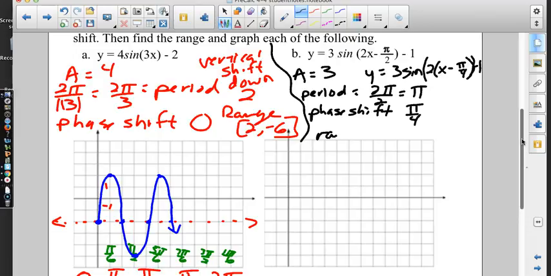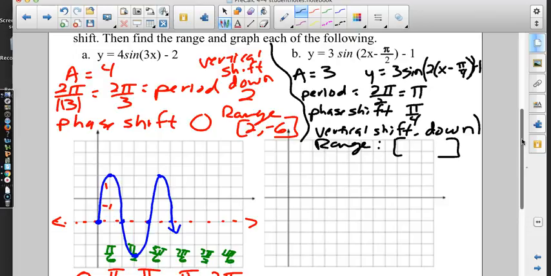So now, let's see if we can figure out, oh, we better talk vertical thing first before the range. So, vertical shift. Where's it going? Down 1. All right, so let's visualize that range. We're at 1.